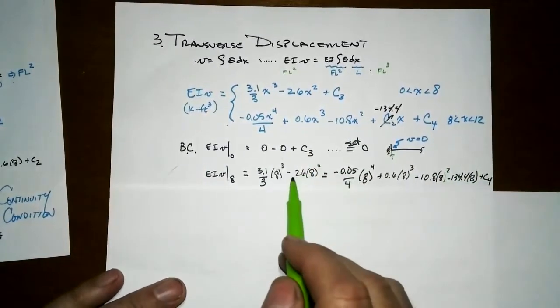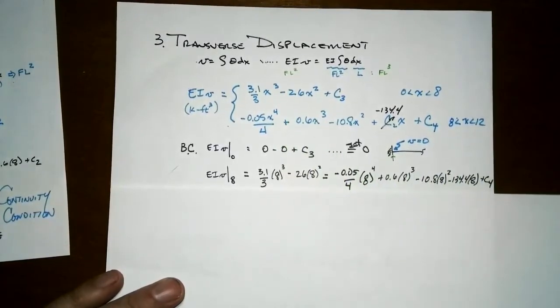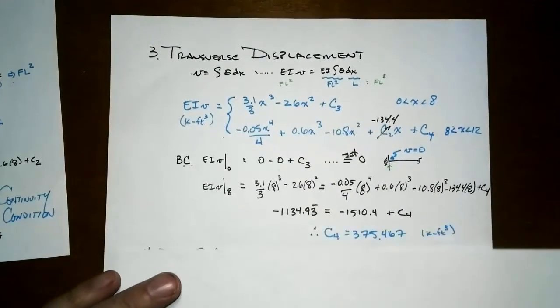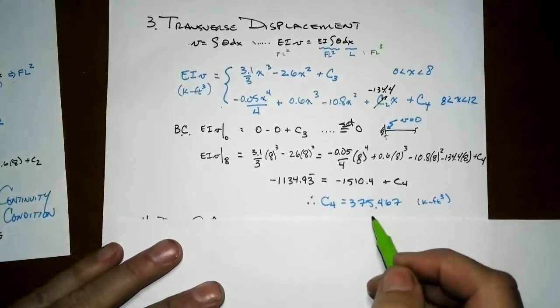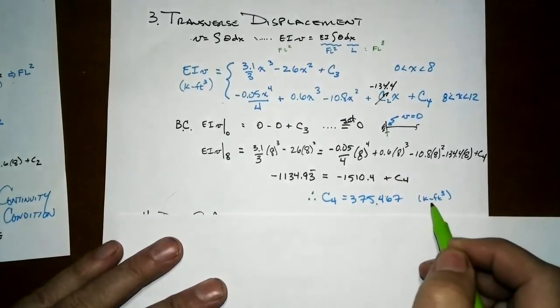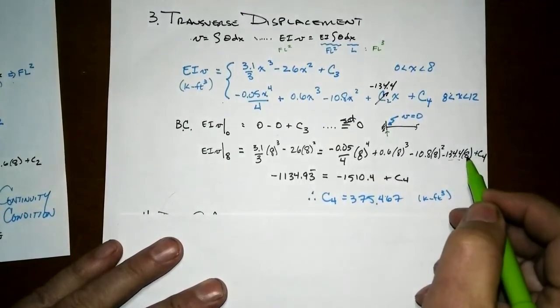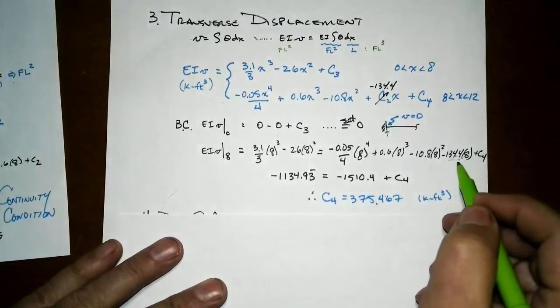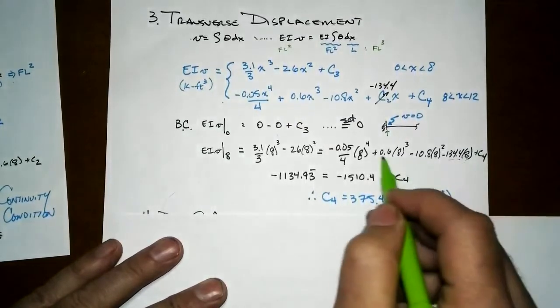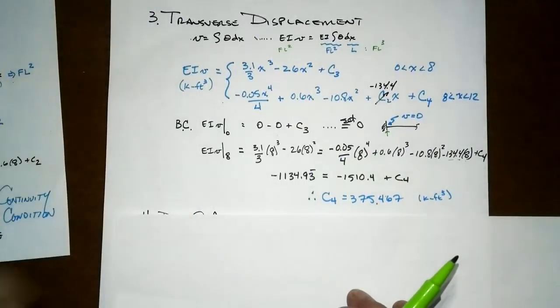And so we're setting the first one equal to the second one, and we'll have an equation just in C4, our fourth constant out of all this. And it's going to have those units of kip feet cubed, right? You can see it also from the 134.4 having force length squared. 8 feet would be length, so force length cubed. All of these quantities have to end up with the same exact units.